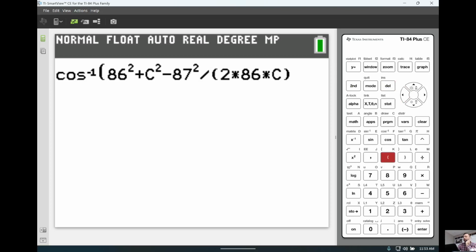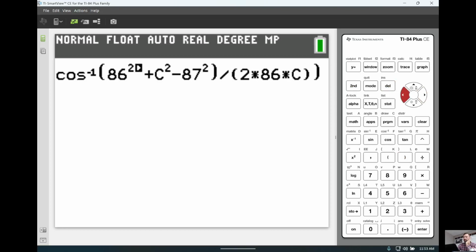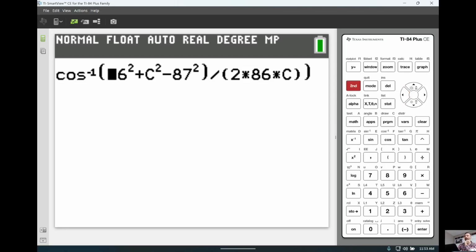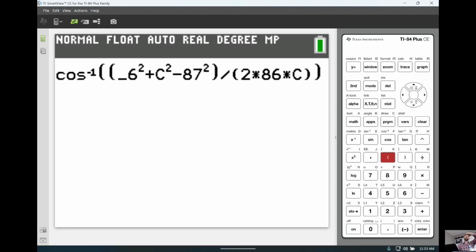You can either put your denominator in parentheses to make sure it computes all of that stuff together, and your numerator in parentheses. Because in mathematics, when we write a big fraction, it's actually implied that we do all the numerator stuff first, all the denominator stuff second, and then we divide them.